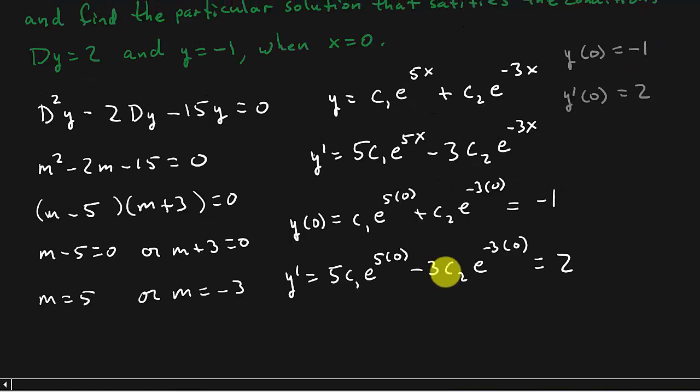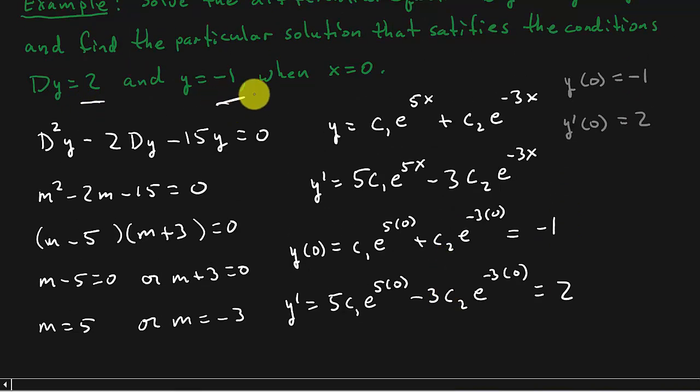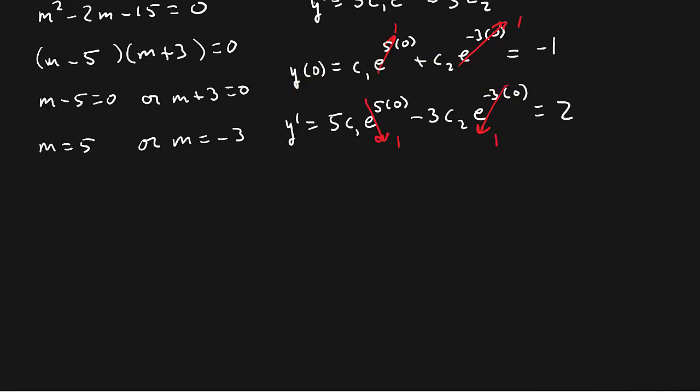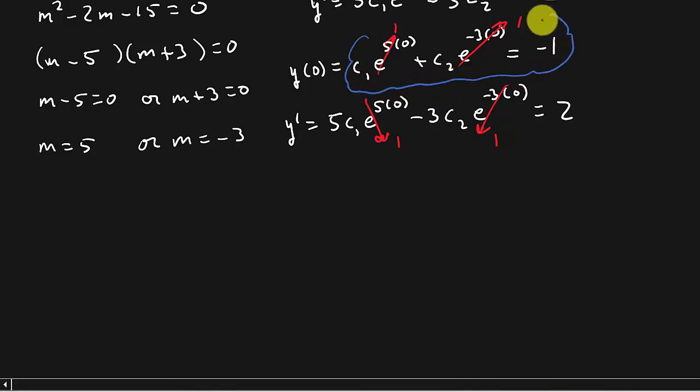Okay, see, that's what they gave us here in the problem. All right, so remember, each of these exponentials is 1. So I'm left with this equation here, and this equation here.